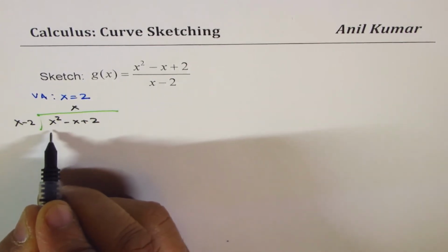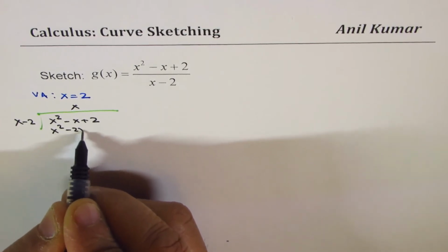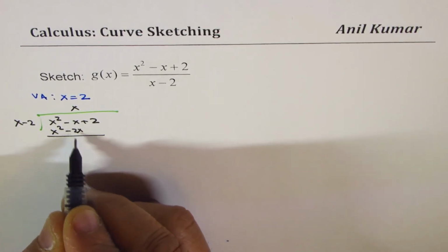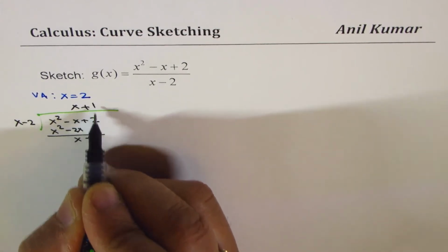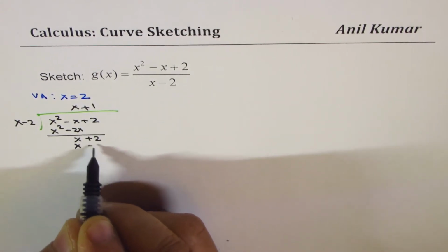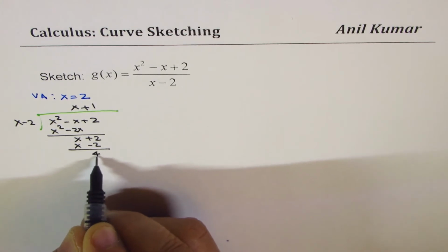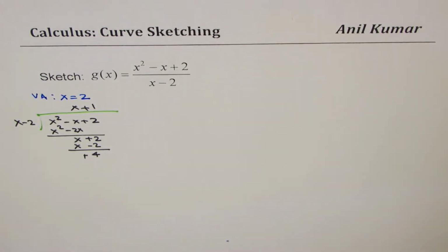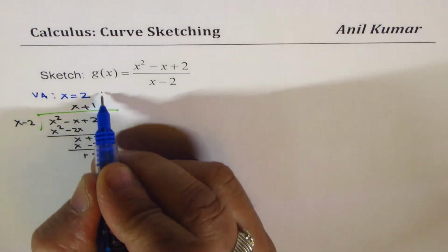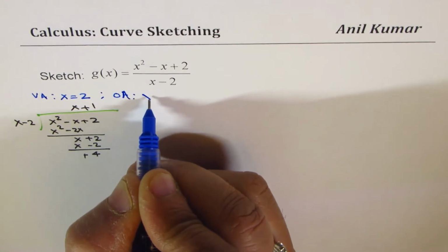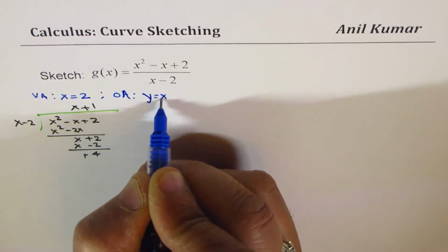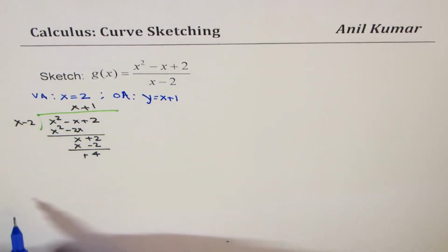So x times gives us x squared minus 2x, and then you get x plus 2. Plus 1 will give us x minus 2, a remainder of plus 4. Do you see that plus 4 here? Now, that also gives you that we have oblique asymptote at y equals x plus 1. That is the oblique asymptote.